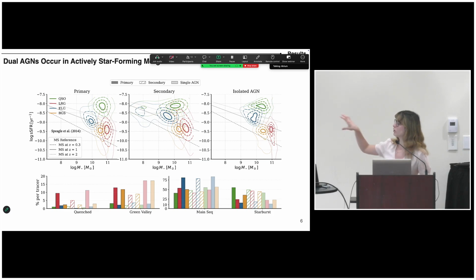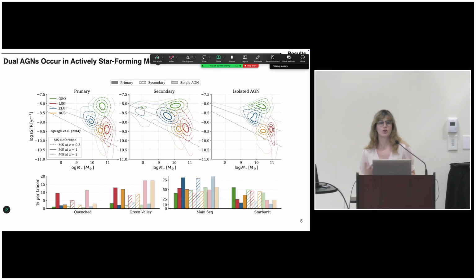And looking at the below plot, we see that most of our dual AGNs sit either in the main sequence or starburst region, while only a small fraction lies in the quiescent one, and that is mainly dominated by LRGs. But what we see here is that there is a delta MS enhancement in dual AGNs compared to the isolated ones. And especially that is shown in the secondaries.